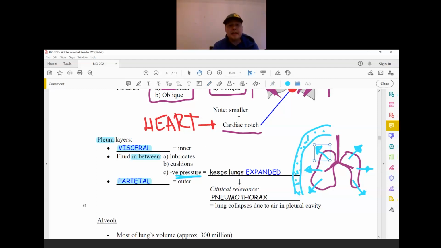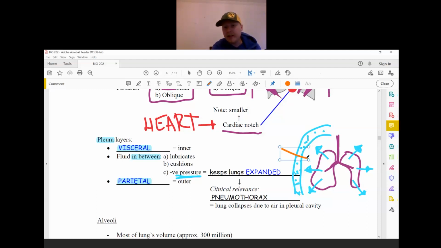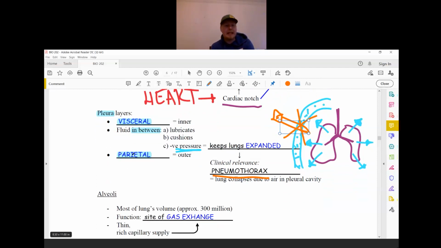A clinical example that I've given here is that if we have a puncture on this pleura, then we lose the negative pressure. That would be problematic. We end up with pneumothorax. So the lungs will collapse since there's no longer this negative pressure to maintain them open.